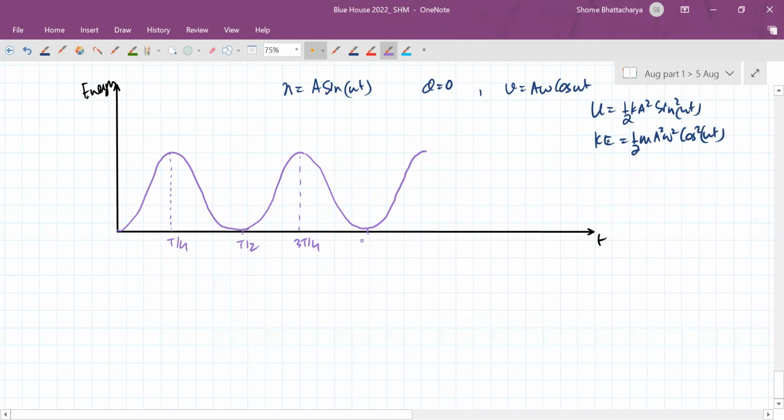So in one cycle, the potential energy goes between 0 and maximum twice. And at the same time, the kinetic energy will be like the cos square graph.